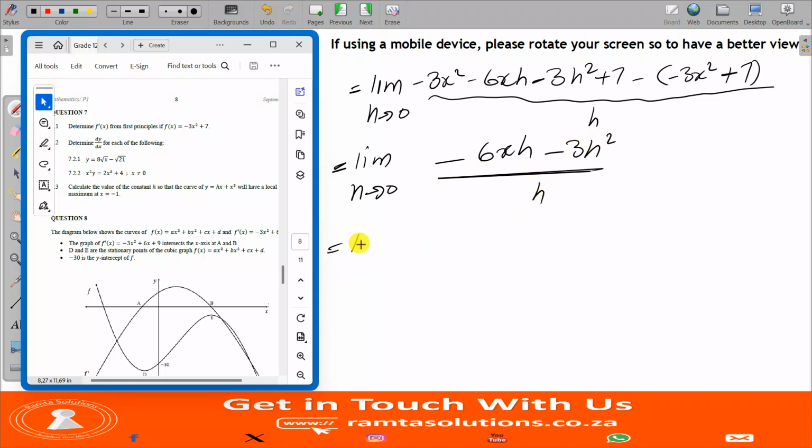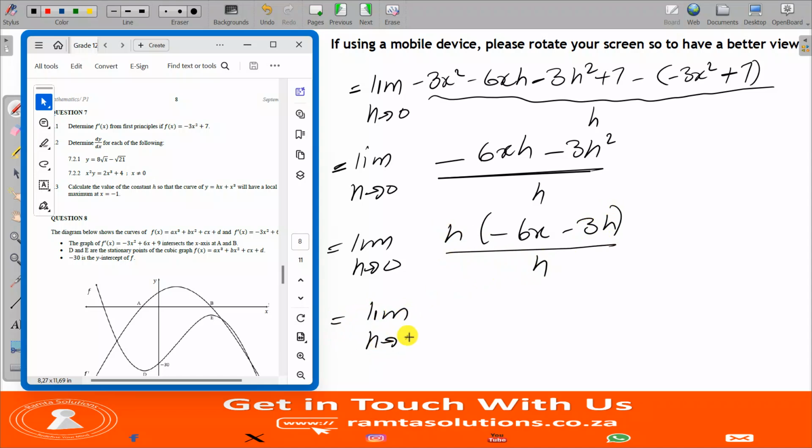Now, I do see a common factor, which will be h. Please don't say negative 3h, because the h will cancel with the h here. So it will be negative 6x minus 3h all over h. As you can see, they are nicely cancelling. We are left with the limit as h tends to 0 of negative 6x minus 3h.